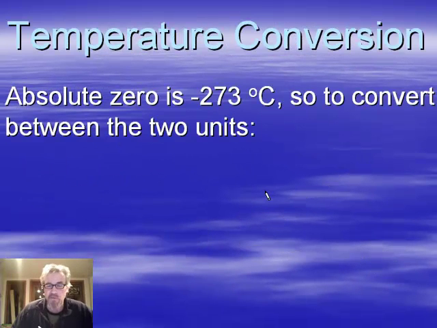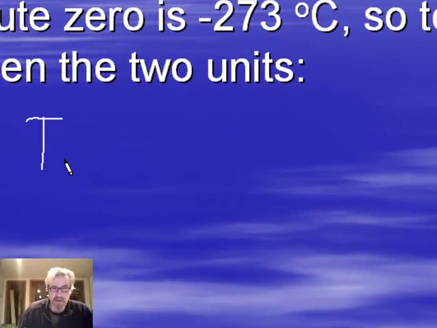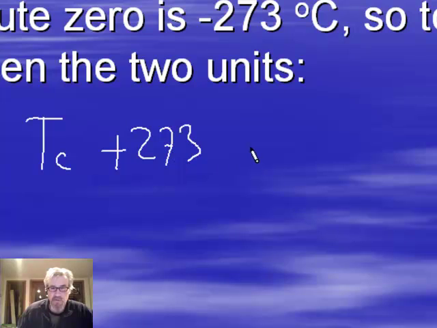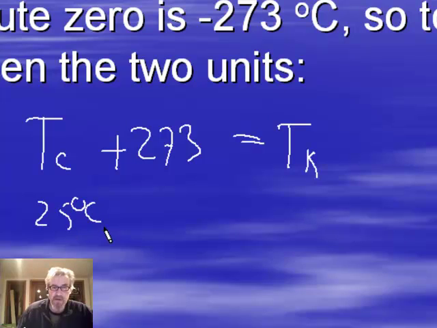So how do we convert between Kelvin temperatures and Celsius temperatures? Because we're going to have to do this if we use this law. Here's how you do it. If I have the temperature and it's in Celsius, if I add 273 to it, I will get the temperature in kelvins. So for example, say it's 25 degrees C. Add 273.